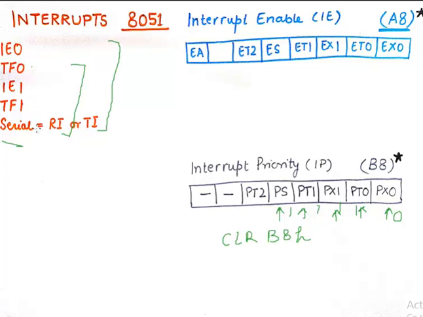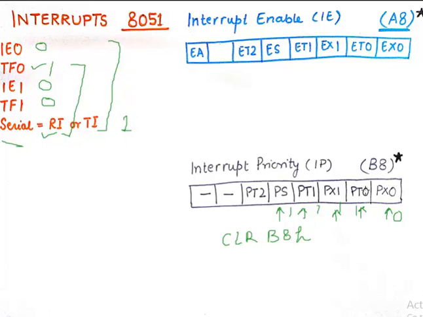There could be one case where we want the priority of the timer overflow flag 0 to be highest, and then the serial interrupt. Then we could make this bit 0, keep this as 1, this bit 0, and this also 0 and keep this as 1.